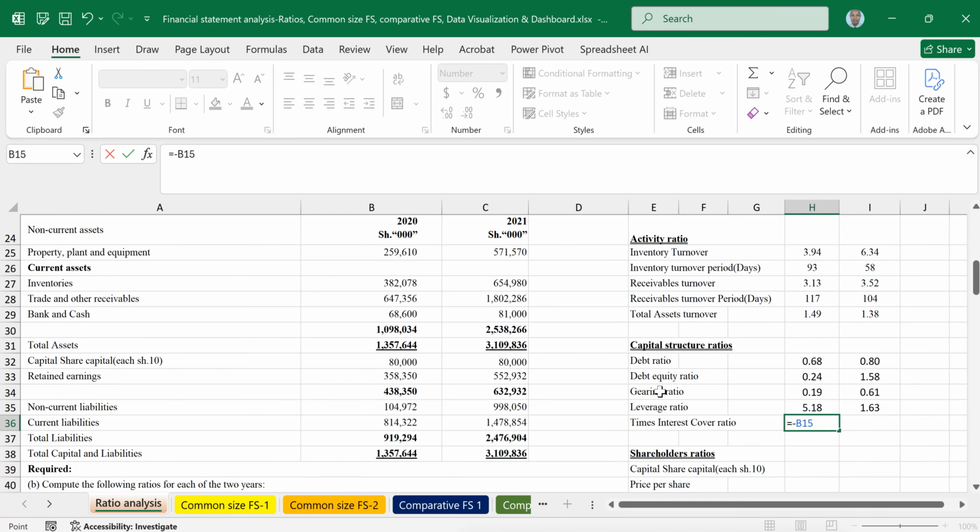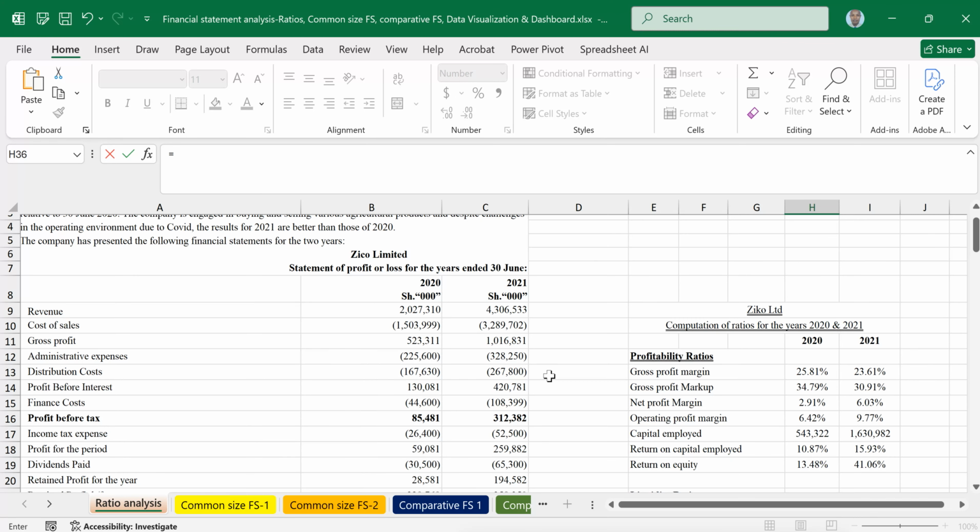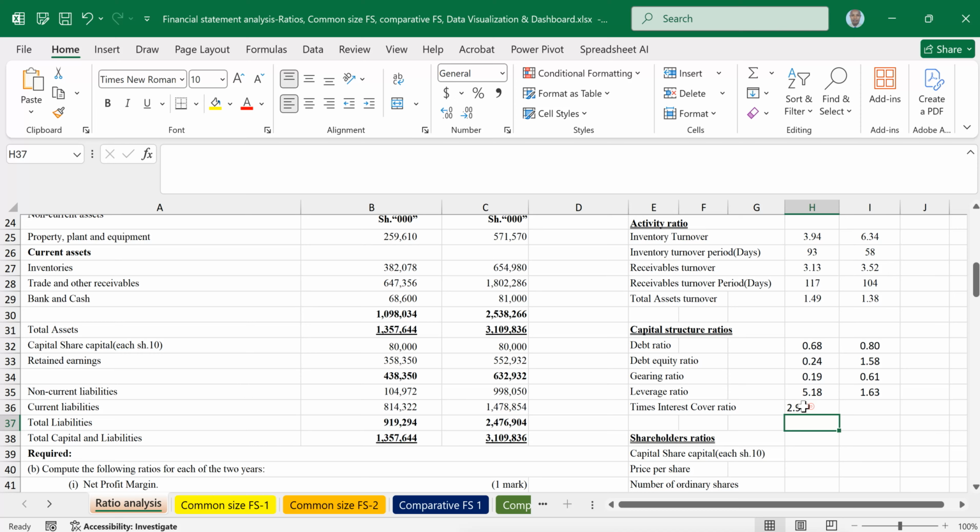So equal sign, remove the negative, then operating profit, that is profit before interest and tax, the 130,081. Divide by negative, then click on the finance cost, 44,600, to make this positive. So 2.92, the number of times that you can pay the finance cost from the operating profit. Remember, depreciation, if there, is supposed to be added back.